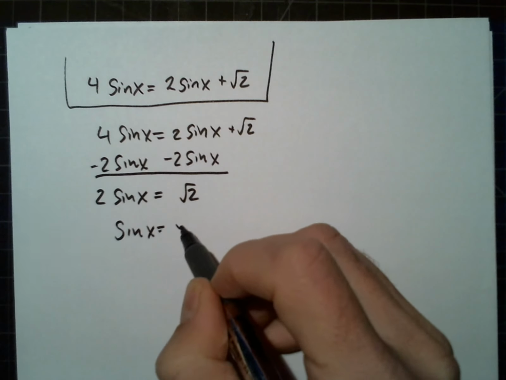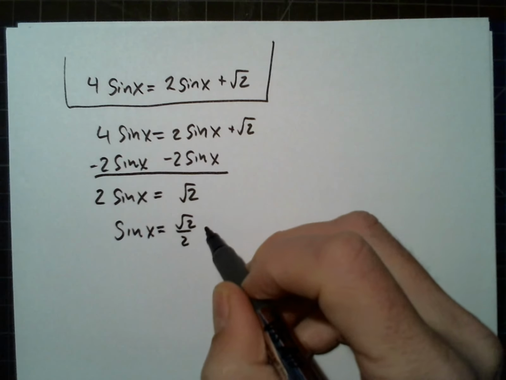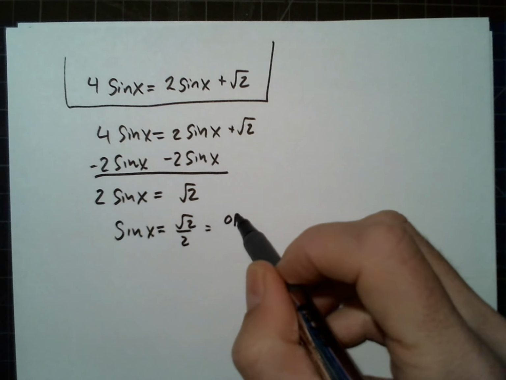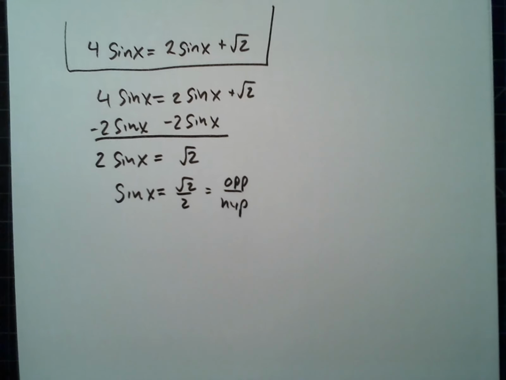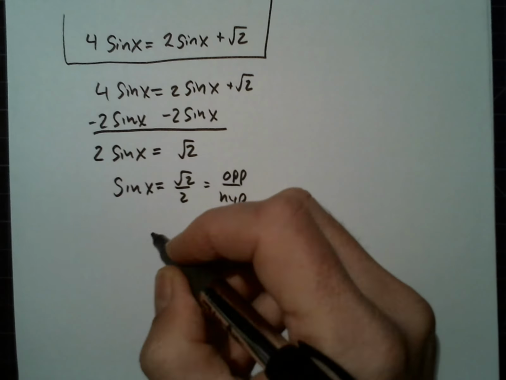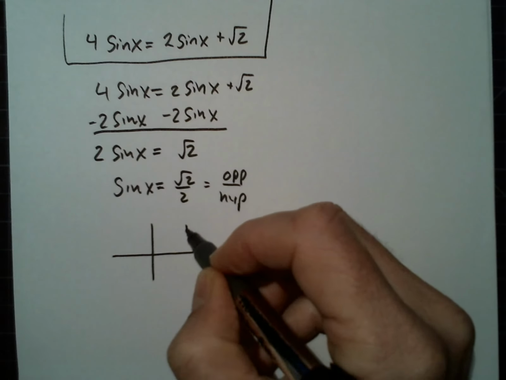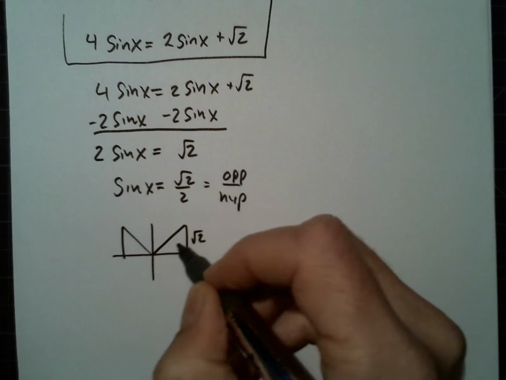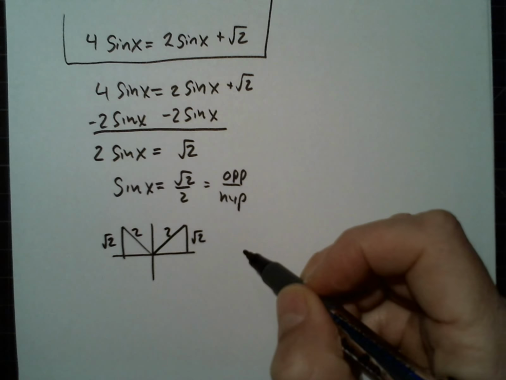Divide by 2. And we know that sine is opposite over hypotenuse. The opposite is positive, and the hypotenuse is 2.